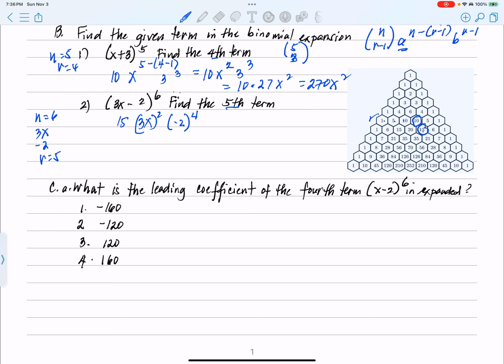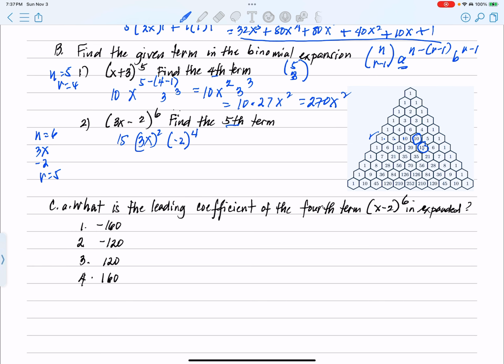All right. Let's simplify. 15. 3 squared is 9 x squared. Negative 2 to the power of 4. That is 2 times 2, 4 times 2, 8 times 2, 16.